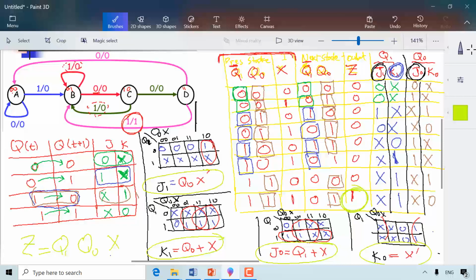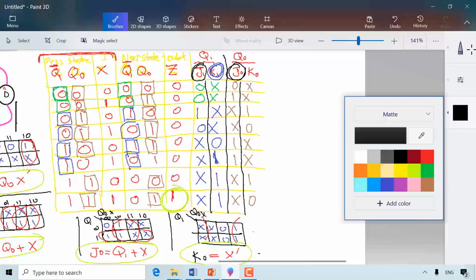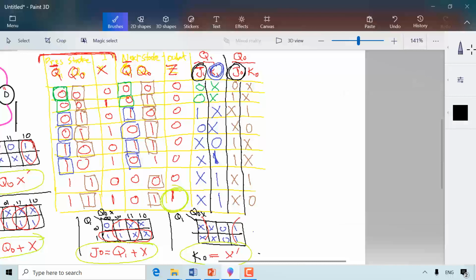Now I have all these components ready for me. So I need to draw the circuit. Okay, so my circuit consists of what? Let's draw the circuit. So I have two flip-flops. I have Q1. Okay, this is Q1.